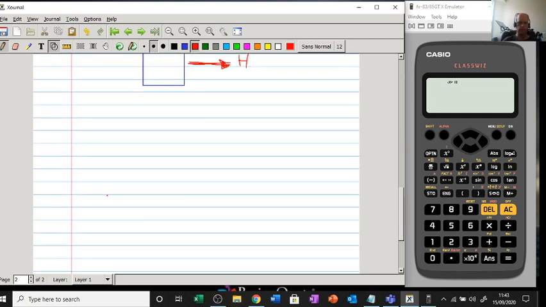So if I've got a force like this, and this could be something like kicking a ball, here's my force of, say, 10 newtons. And this is the horizontal.